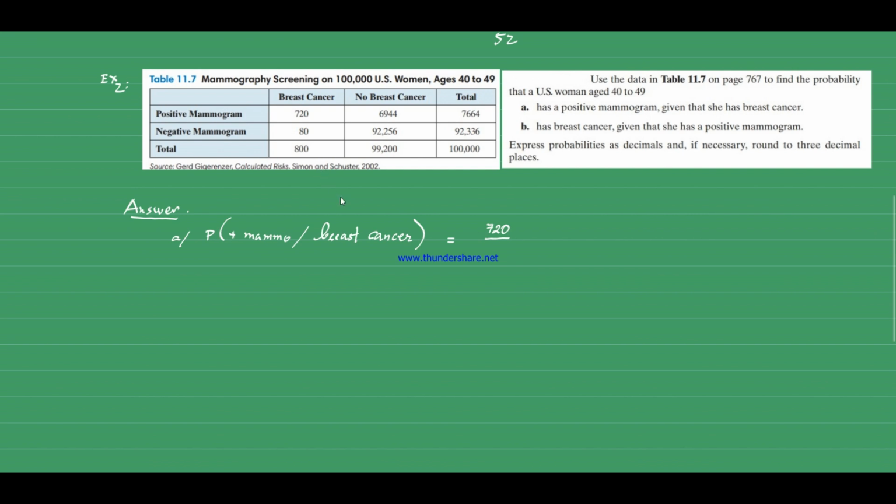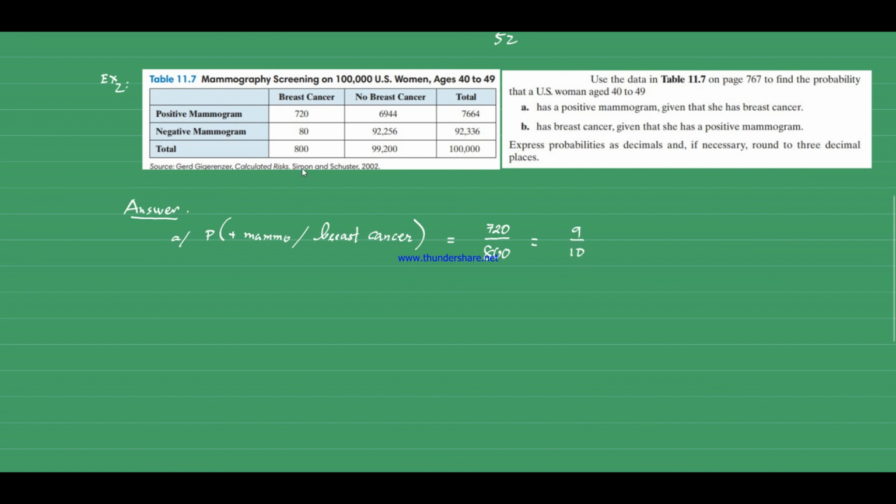Breast cancer we have 800. So finally we have 720 divided by 800. What could be the answer? Let me put it into the calculator. 720 divided by 800. So it would be 9/10.